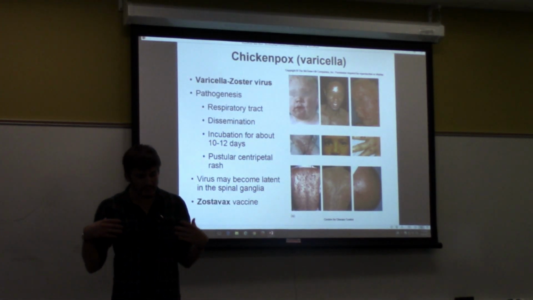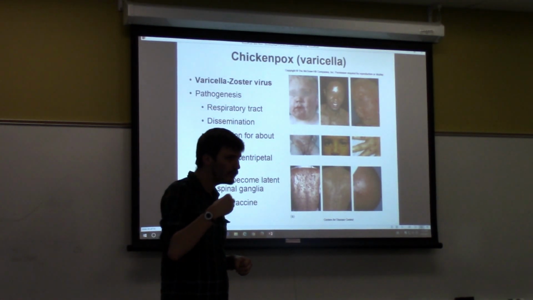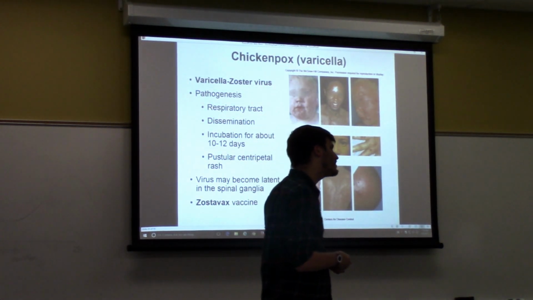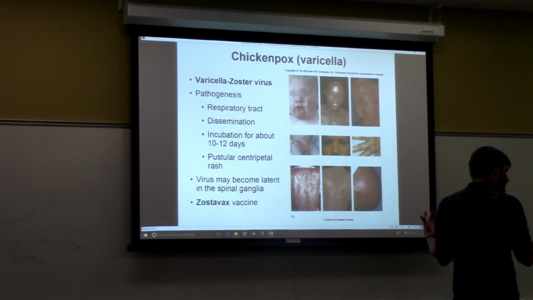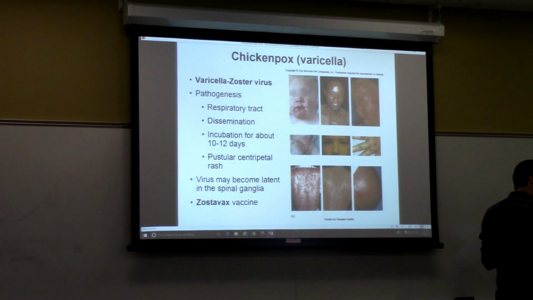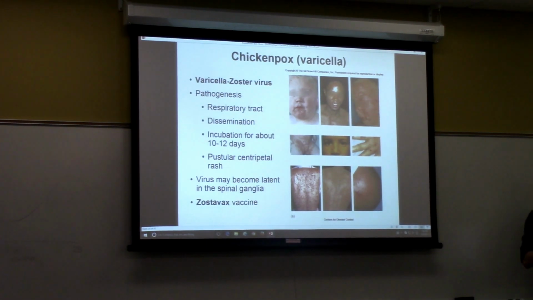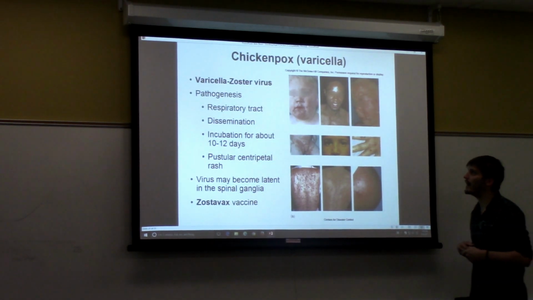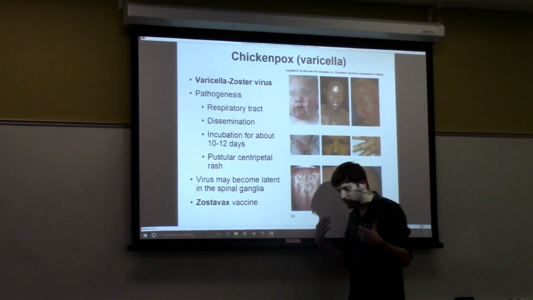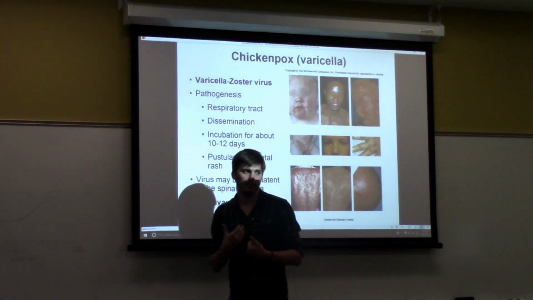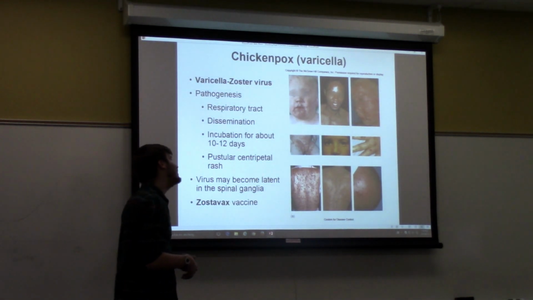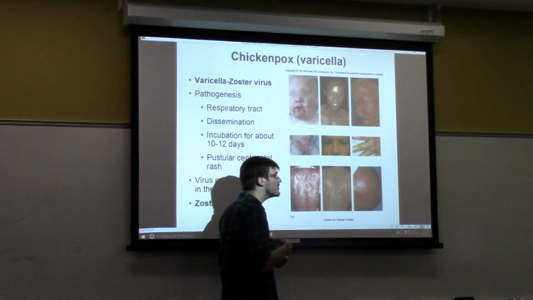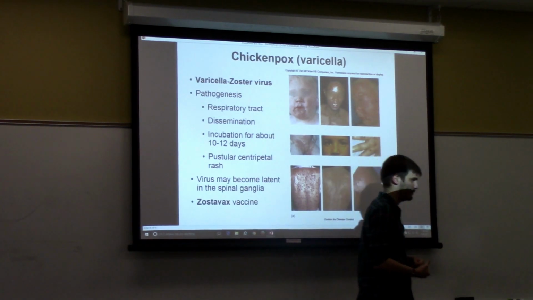It's important to note that VZV will hang out in the dorsal root ganglion of nerves around the spinal cord. And then sometimes, potentially later in life, it will wake back up again and cause shingles. So please keep in mind that chickenpox and shingles are caused by the same virus, VZV or varicella-zoster virus. Both of these diseases are preventable using the Zostavax vaccine.